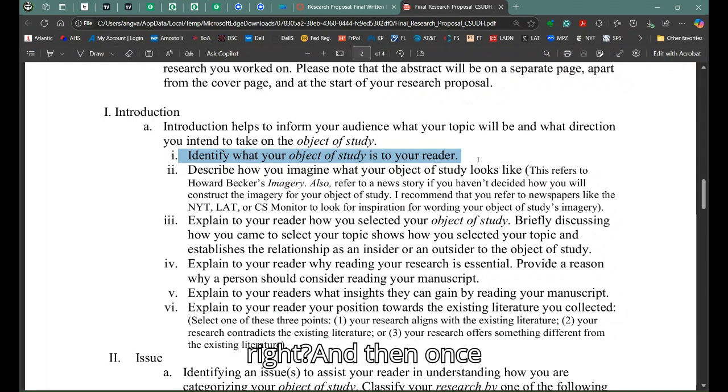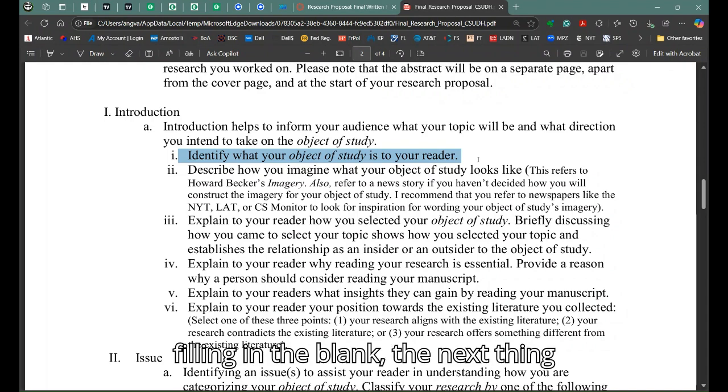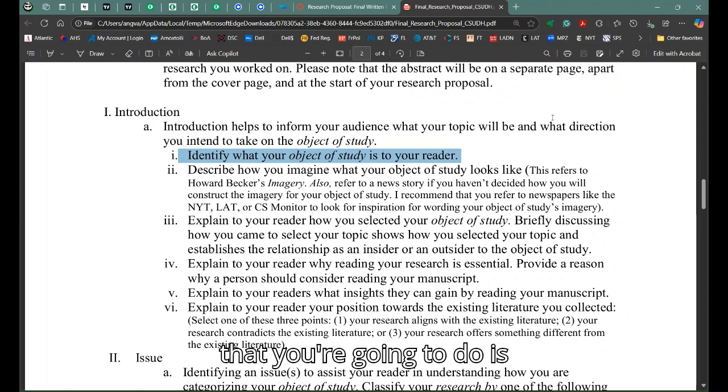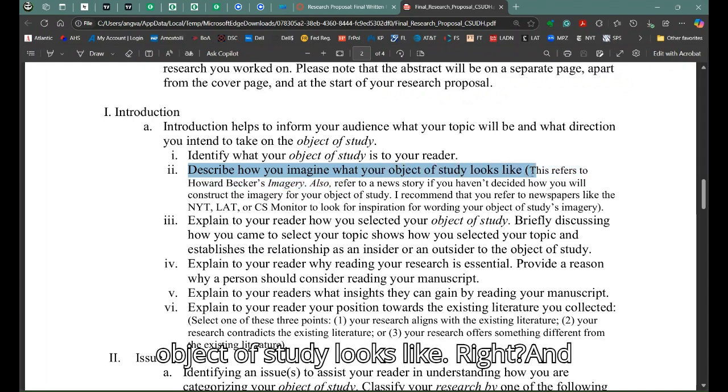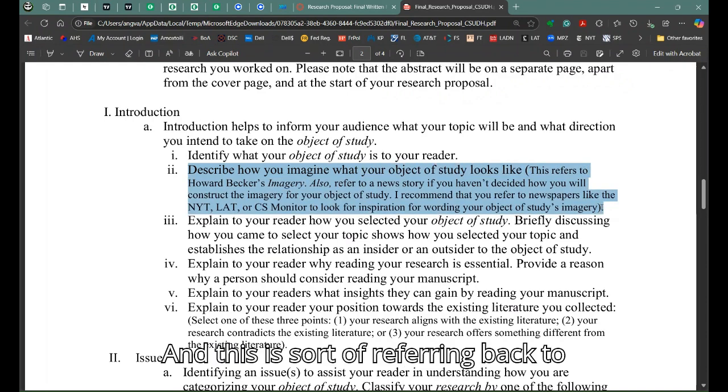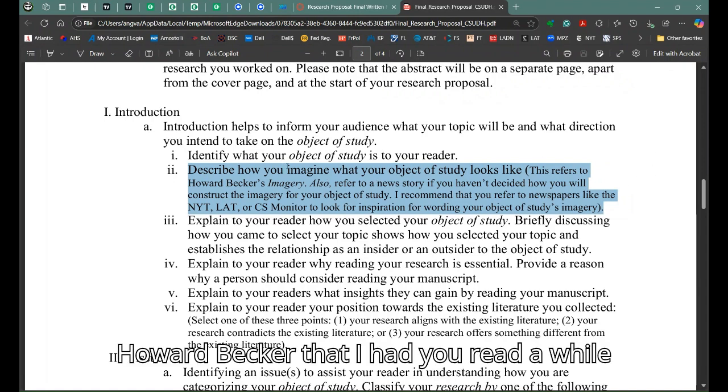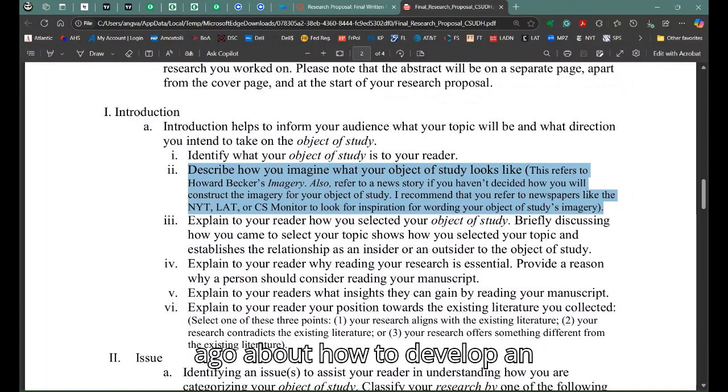All right. And then once you identify what the focal point is with society and filling in the blank, the next thing that you're going to do is describe how you imagine what your object of study looks like, right? And this is sort of referring back to Howard Becker that I had you read a while ago about how to develop an image.